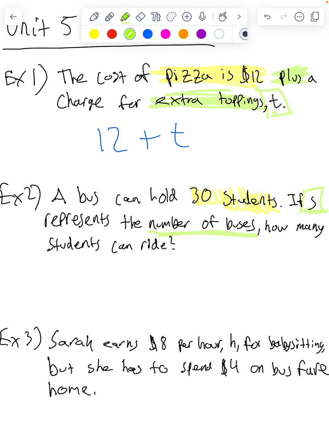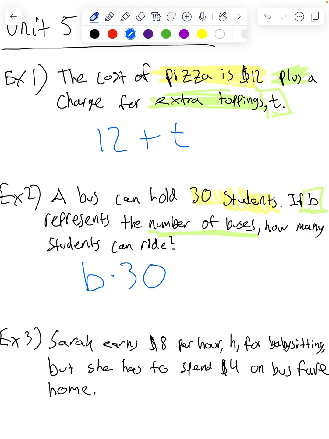So what I'm going to think of, let's change this problem to B. B makes more sense to me. B for buses. S stands for students. The number of buses, how many students can ride. So I know that however many buses I have, I'm going to multiply that number because a bus can hold 30 students.